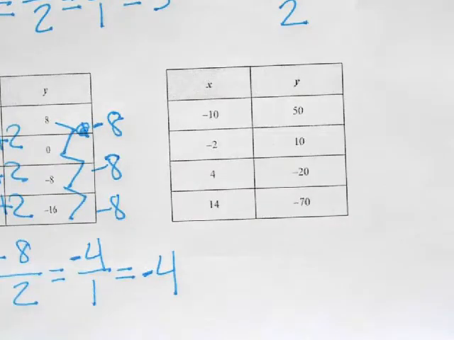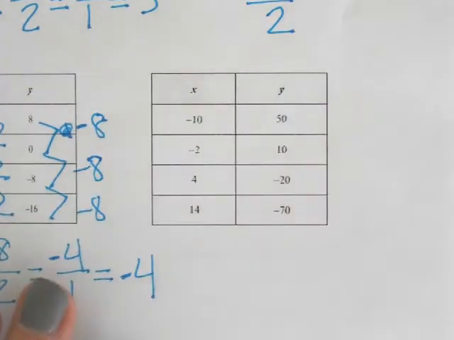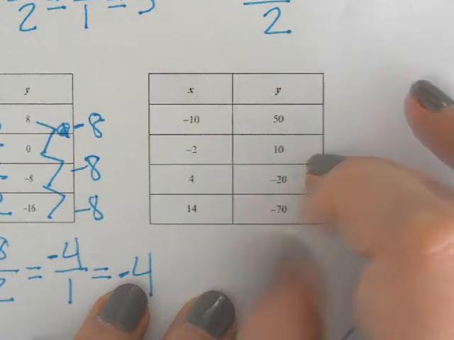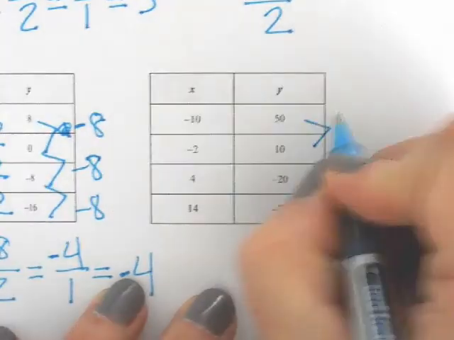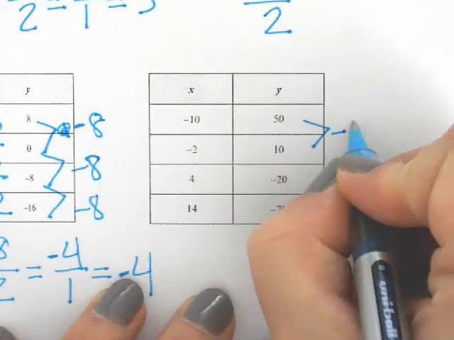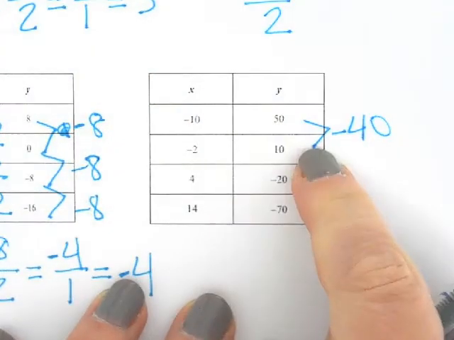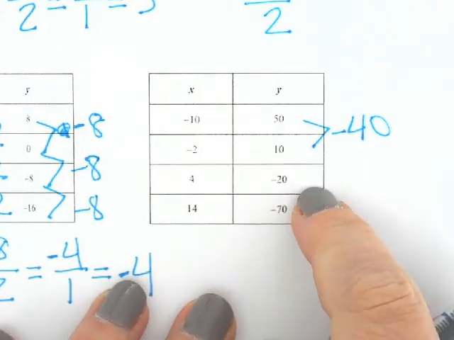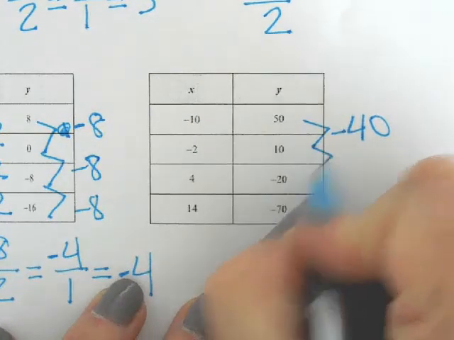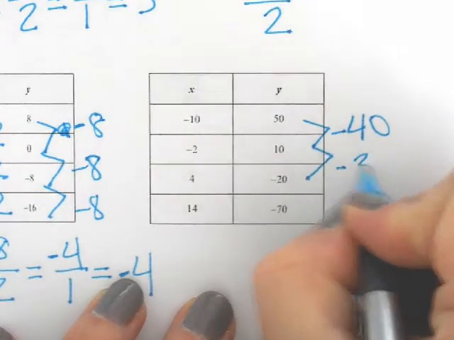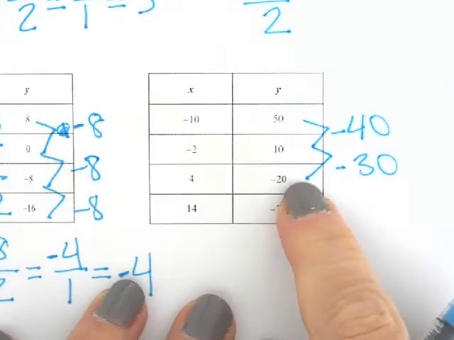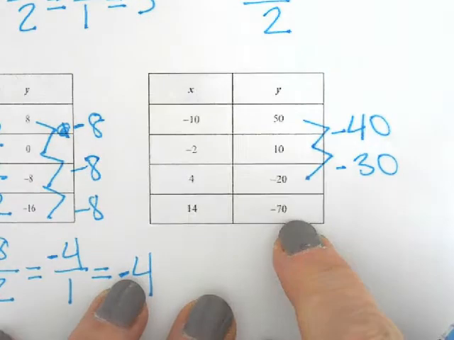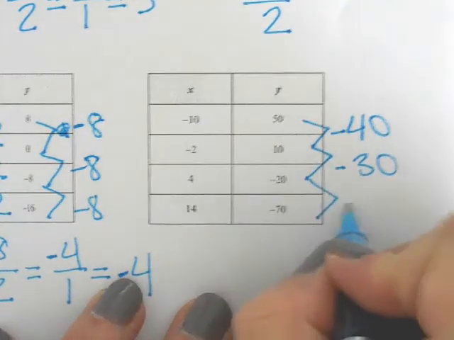So on the last one, this one's a little bit different. That's why you always want to check the numbers. So if I'm looking at y from 50 to 10, that decreases by 40. So you're going to write minus 40. From 10 to negative 20, that decreases by 30. So I'm going to write minus 30. From negative 20 to negative 70, that decreases by 50.